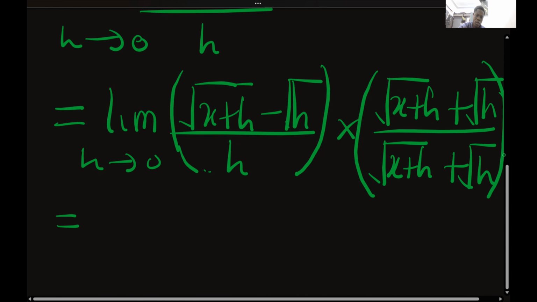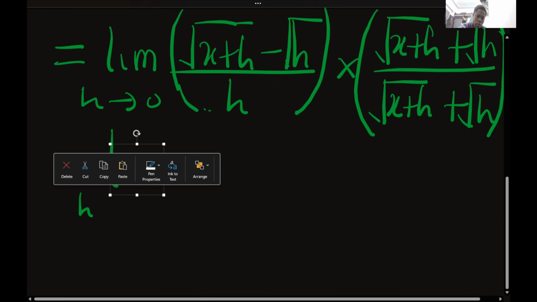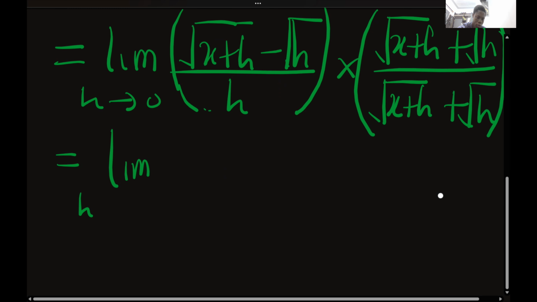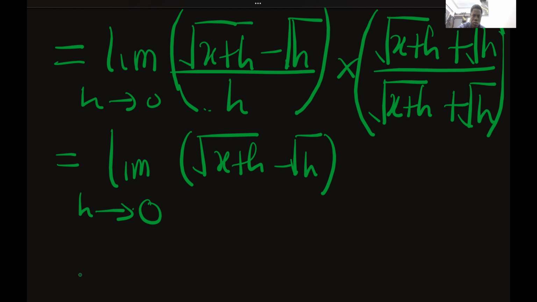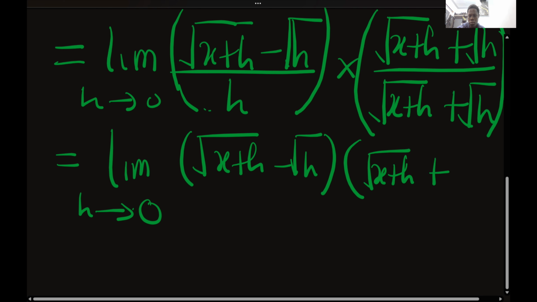So we are going to get the limit as h approaches 0. Then here we will be having square root of x plus h minus square root of h multiplying the other numerator, which is square root of x plus h plus square root of h.